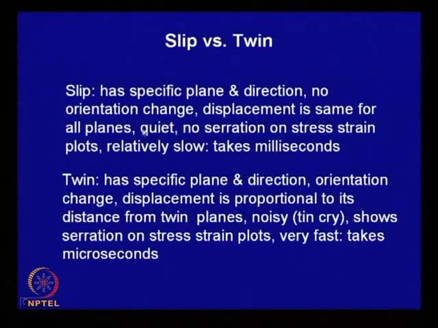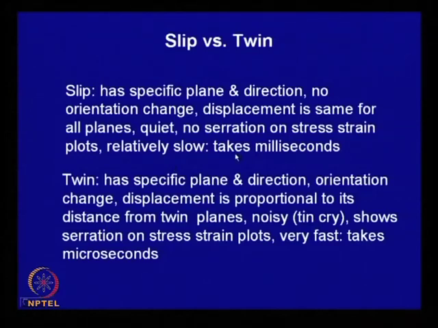Now, slip is a quiet process, whereas twinning is a noisy process, and a very common phenomenon we know is tin cry. When tin, which has a body centered tetragonal structure, is deformed, it twins and it generates sound. So it is noisy. Secondly, the process of slip is very slow.